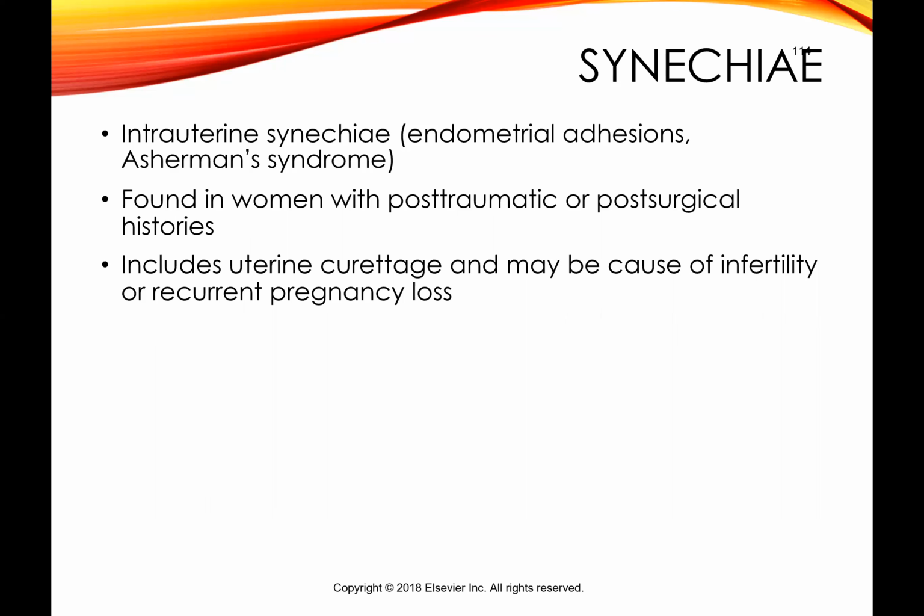We're going through an anatomy survey, and they look like a little band that runs across the uterus. If you have a lot of these little adhesions, it's called Asherman syndrome, and that can be a cause of infertility or recurrent pregnancy loss.